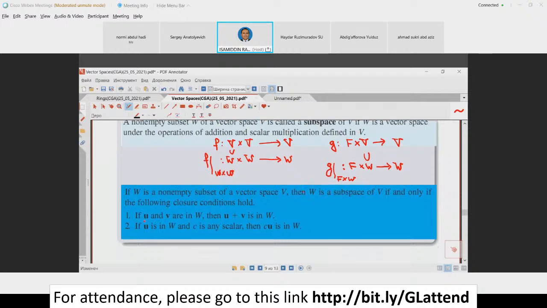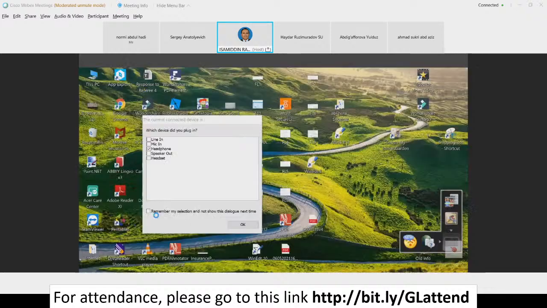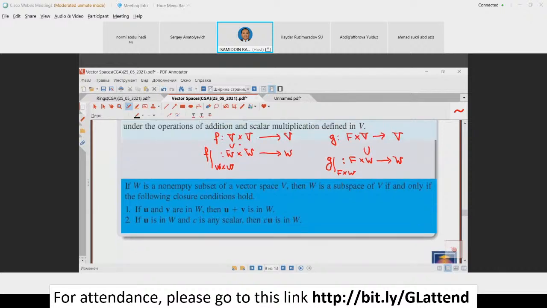So here is a short form of how to check for W to be a subspace. In fact, it is enough if the image under this function is in W. That means restricting F to W times W must be in W, and restricting G to F cross W must be in W again.